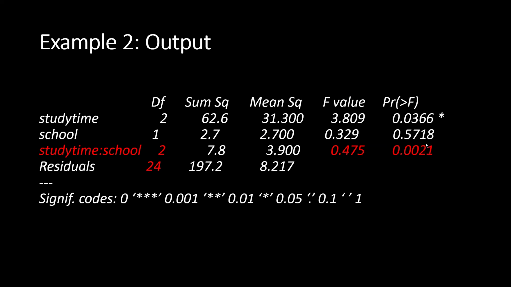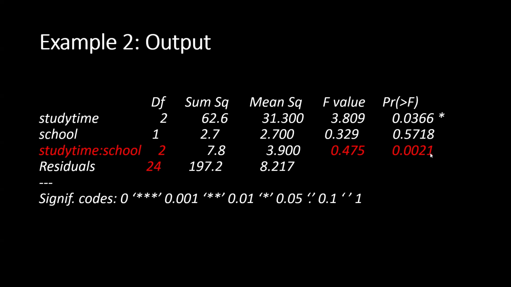But if you do have a result which resembles this, where your interaction effect is found to be statistically significant, you cannot interpret any of the other variables within the system. So in this instance, our interaction is significant, but so is study time.